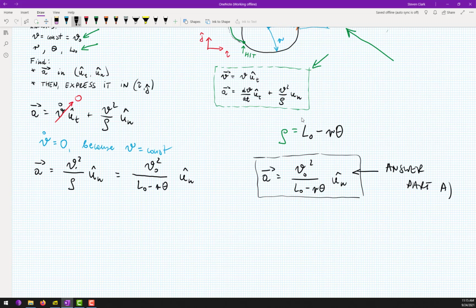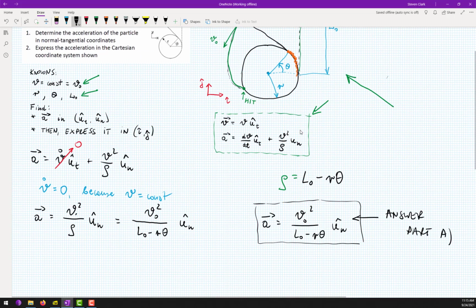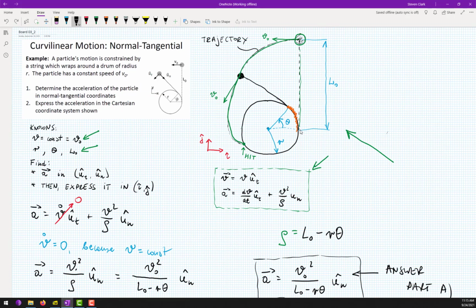Usually, some of you in the previous years, people ask me to explain this one more time. So if you want me to explain it, you can ask. Oh, sure, of course I can. So what IJ said is that the radius of curvature is equal to the length of the rope.